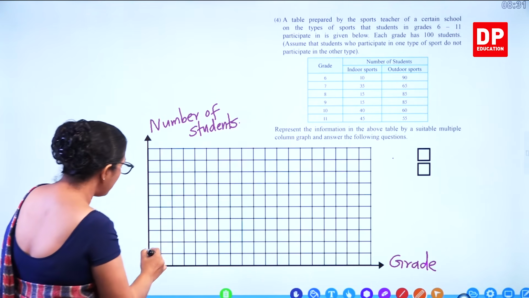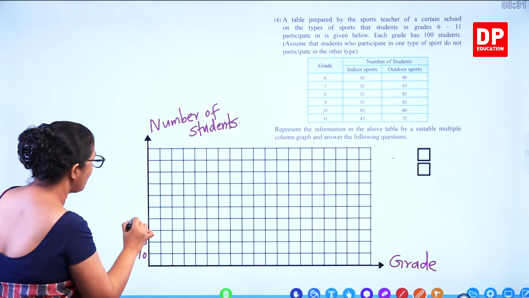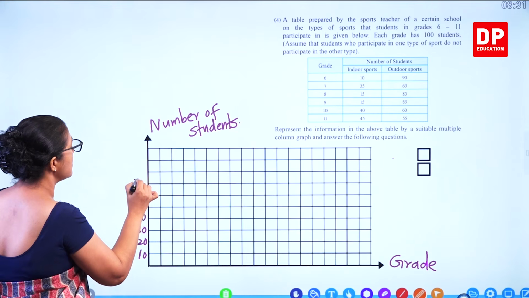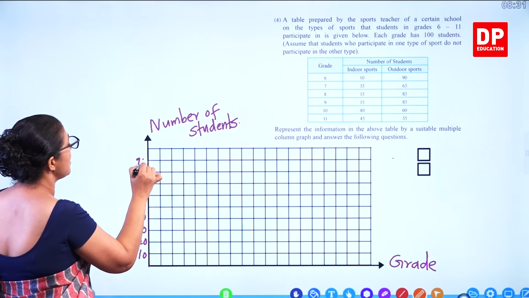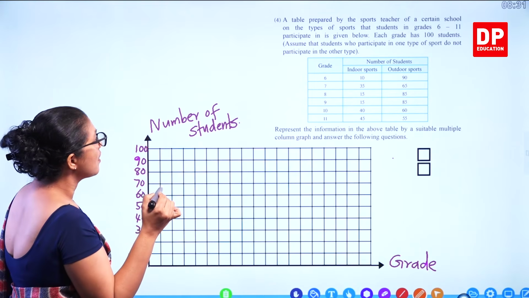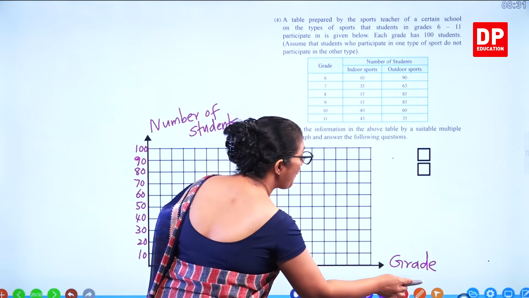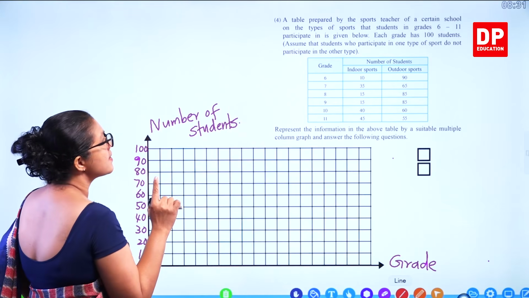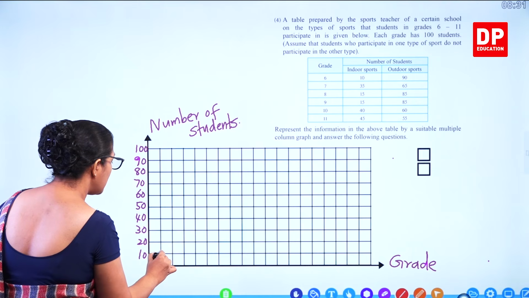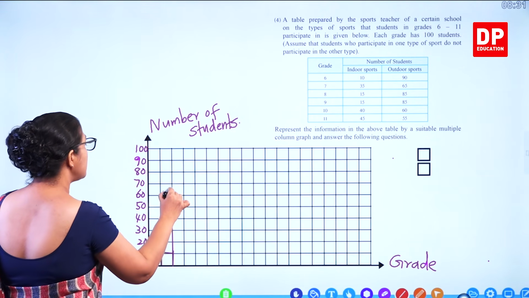So same scale we can take 10, 20, 30, 40, 50, 60, 70, 80, 90, 100. And we can take now the grade 6, 10 and 90. So here 10 and 90.